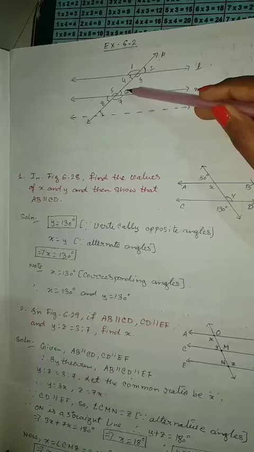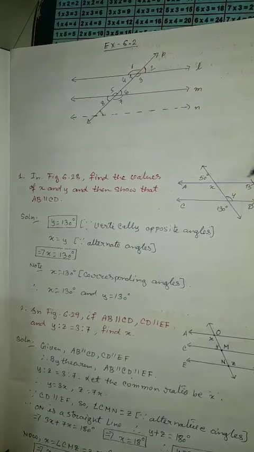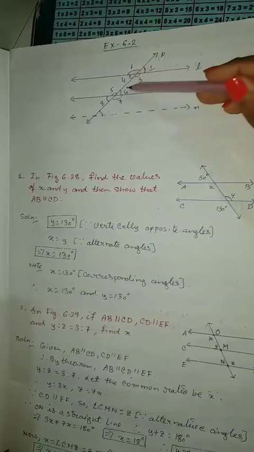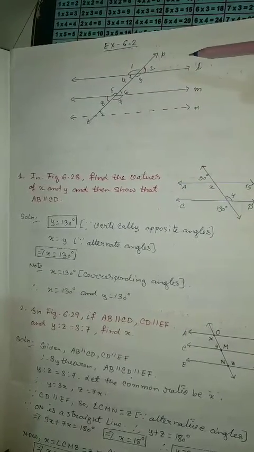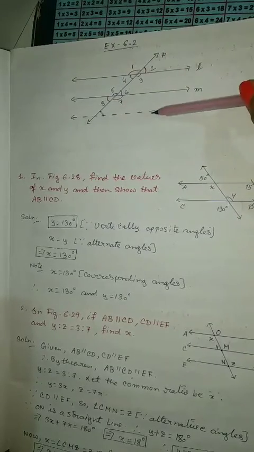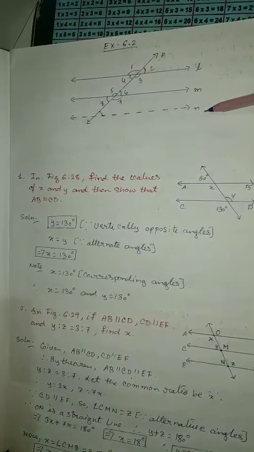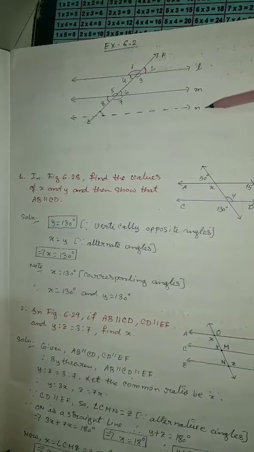Therefore, we can say these two are also equal to each other. There is a theorem that if two angles are corresponding to each other and they are equal, then the lines on which they form the corresponding angles are also parallel to each other. So that makes M and N parallel to each other.